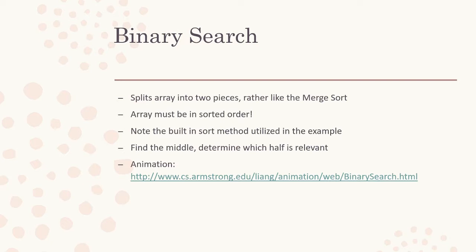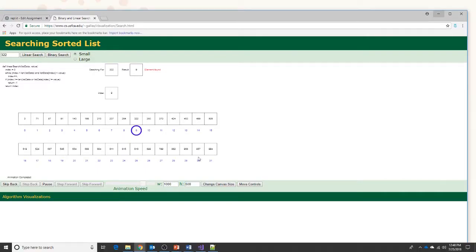And in a binary search, we do just that. We split the array into two halves, and then we decide which half we need to look at. Let's look at an example here in the same place. Now, when we're working with a binary search, our data has to be sorted in our array. So let's try this as a binary search.